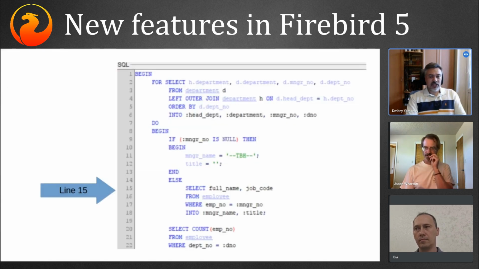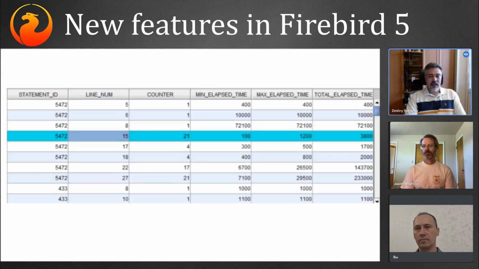We have line 15, we are interested in the query that starts at line 15, and here we have it. And we can see how many times this particular statement inside the procedure was executed, what is the minimum and maximum elapsed time, and what was the total elapsed time of all executions of this query. And this is just a small example of how the profiler could be useful.